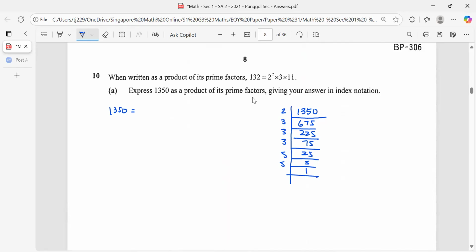Right. So we have 2 multiplied by 3 cubed multiplied by 5 squared.